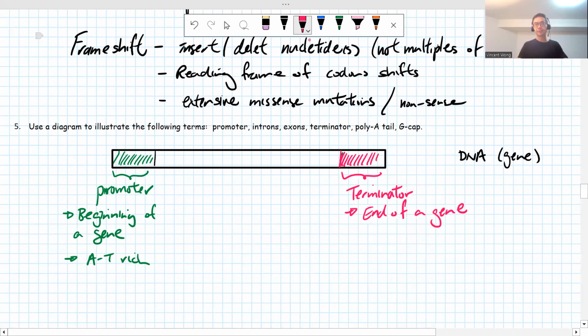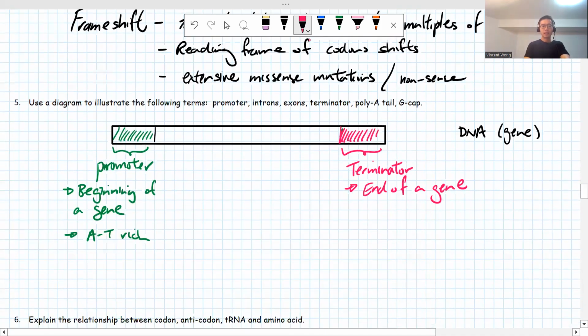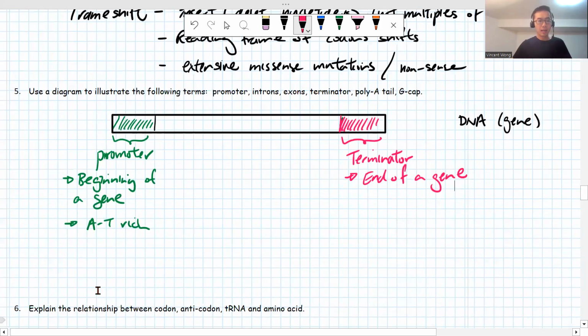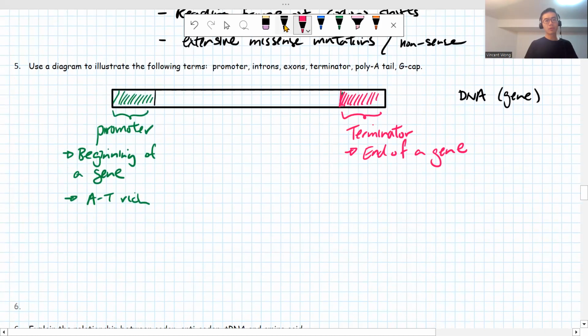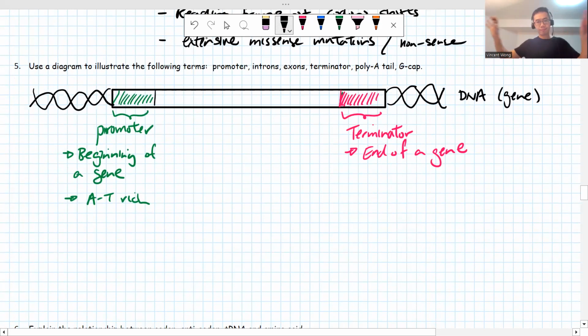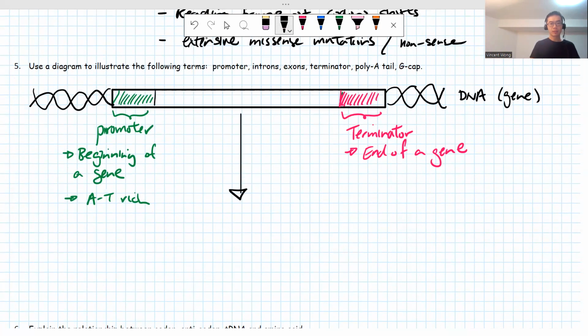End of a gene. And of course, you would have the rest of the DNA, the parts that we don't need. We're not copying them. They're not needed at the moment. And then we're going to go to transcription.